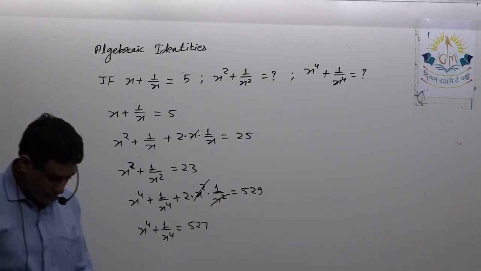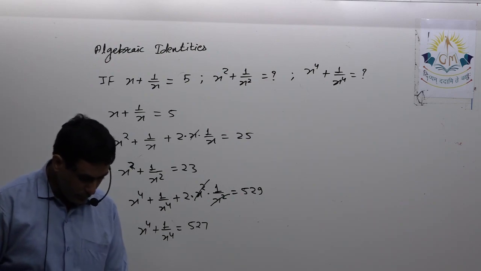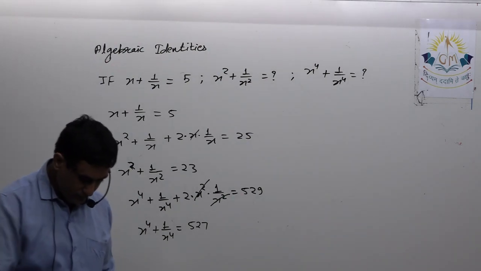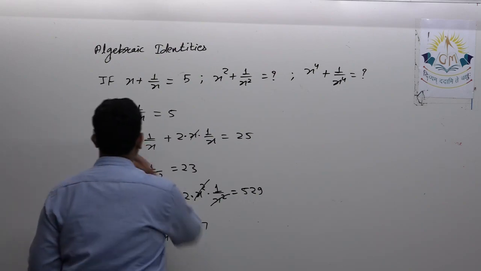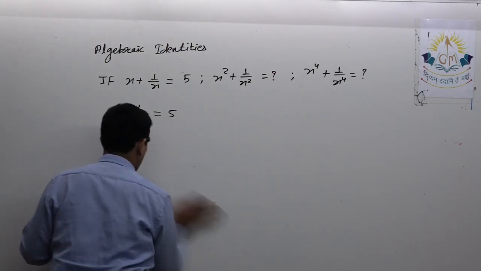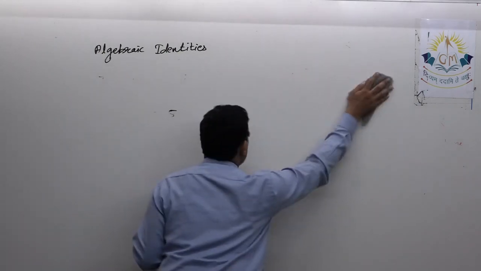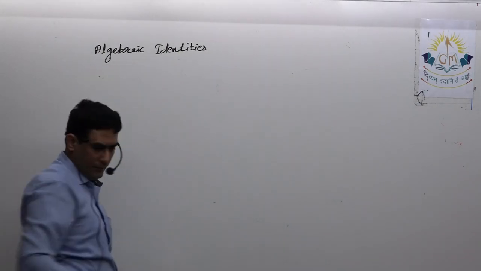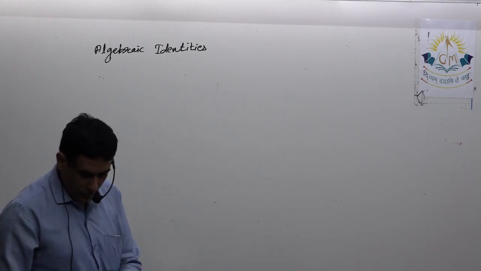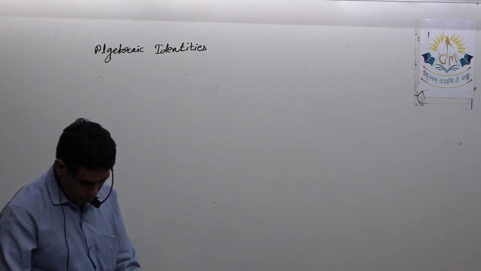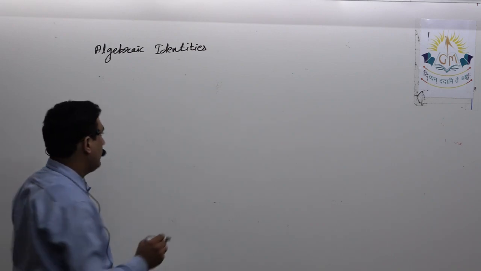Okay, now let us see some more questions related to the identities. Now suppose we have a square plus b square plus c square. Okay, or before that we'll see one reverse question. We have the value of x square plus 1 upon x square.